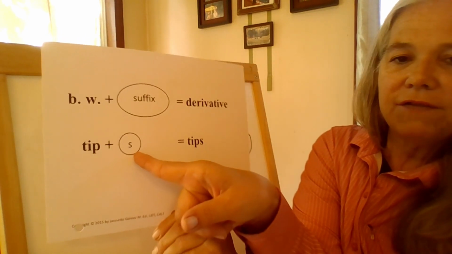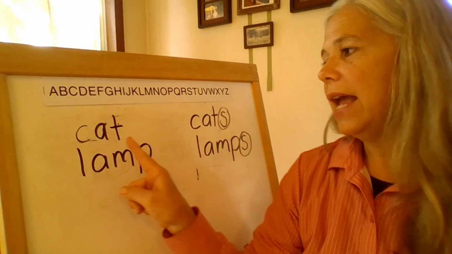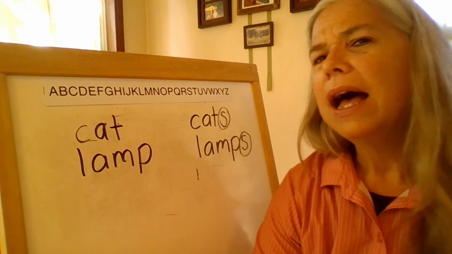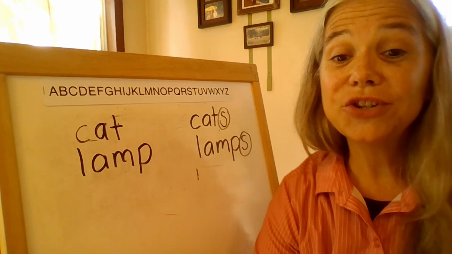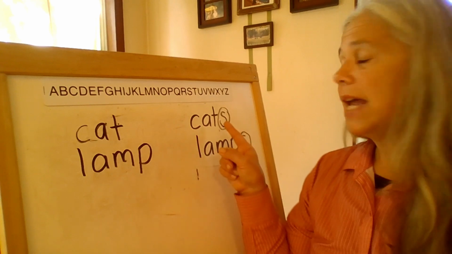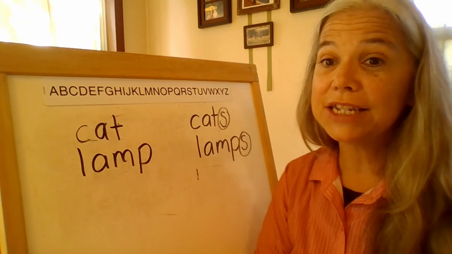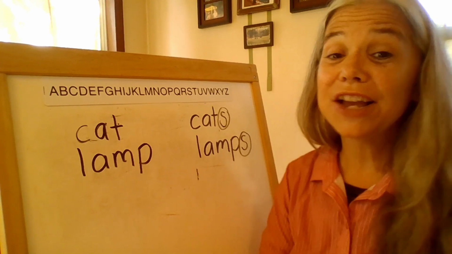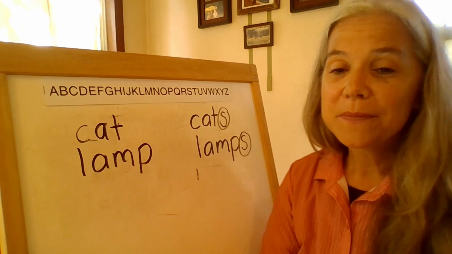Base word, suffix, derivative. If I say I have a cat, how many cats do I have? Yeah, just one. Now, if I say I have some cats, how many cats do I have? Yeah, it could be 2, 3, 4, 1,000, 100.